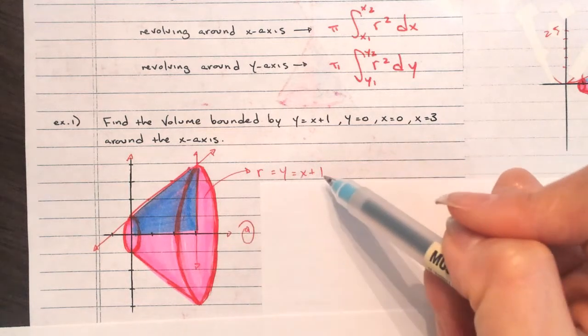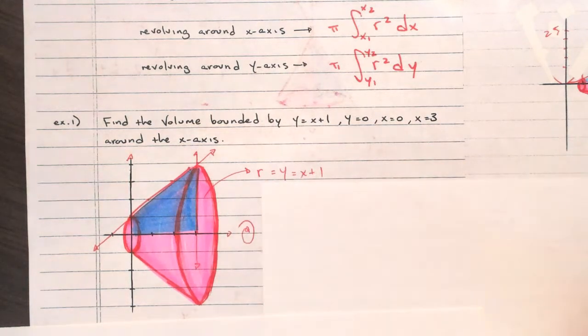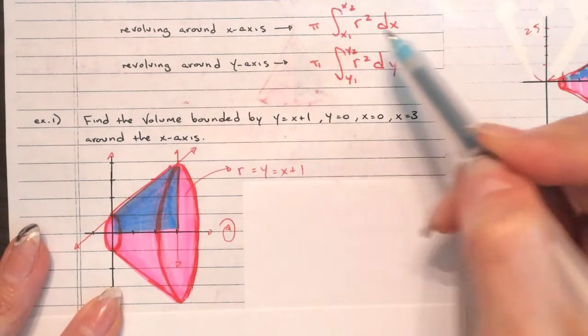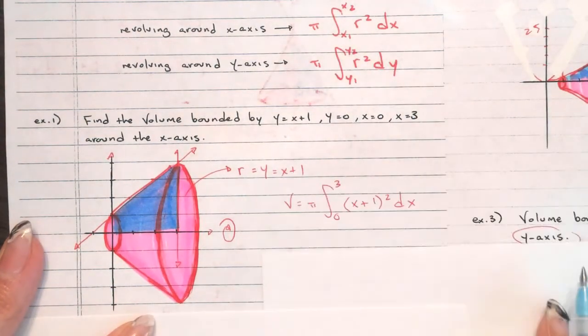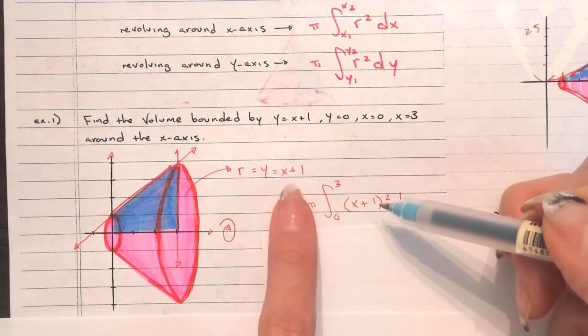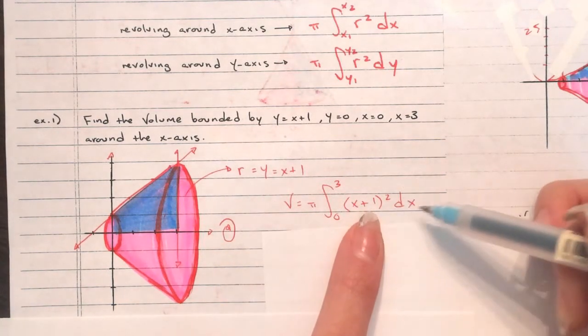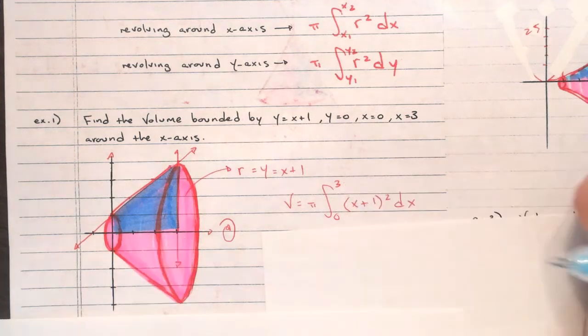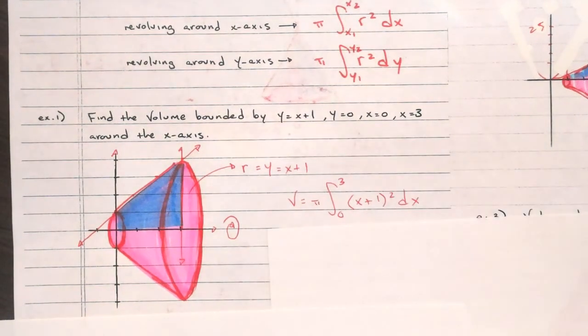So x plus 1 minus 0 is x plus 1. And then we plug it into our formula, which is basically pi r squared. So you get pi r squared in terms of x from 0 to 3 on the x-axis. Plug it into the calculator and then you can get your answer that way.